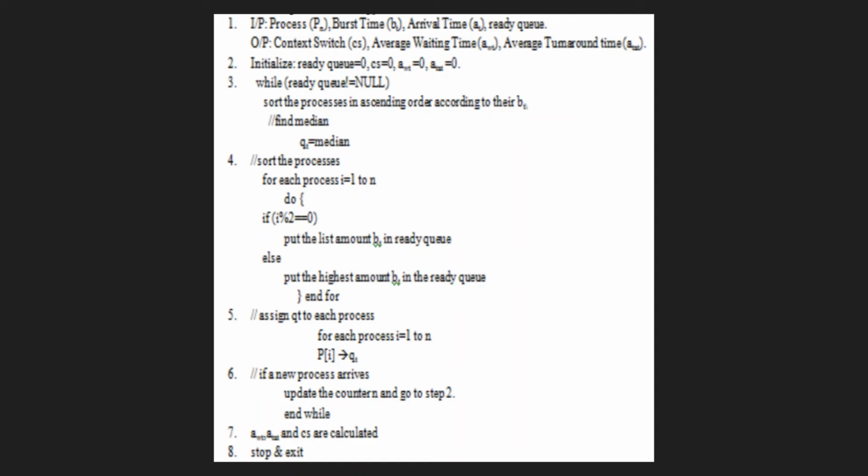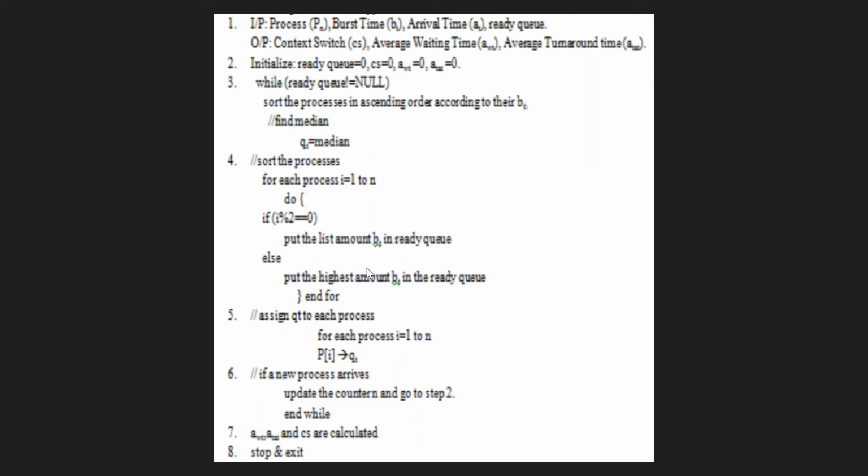And it's going to keep going like that until n processes have been swapped, I should say. Basically, it puts greatest, least, next greatest, next least, on and on until n processes are retrieved. Then it assigns that median time quantum here to each process.